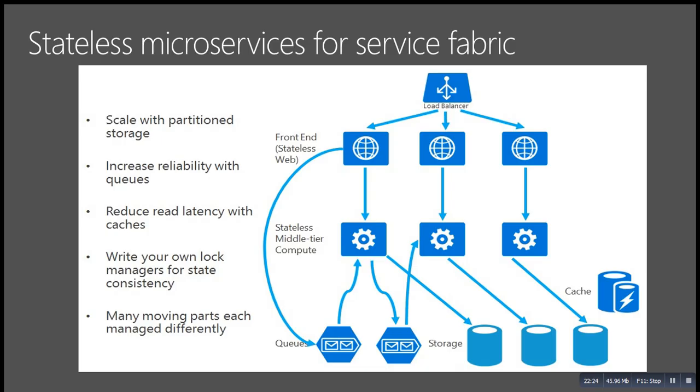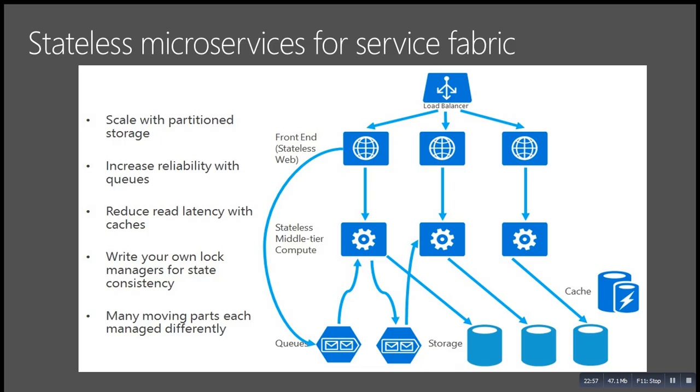And in stateless, there will be storage which is outside of the service compute boundary, and if we want to increase the performance, we can use a cache in between. So, for example, these are the front end websites which are stateless, and stateless middle tier compute.